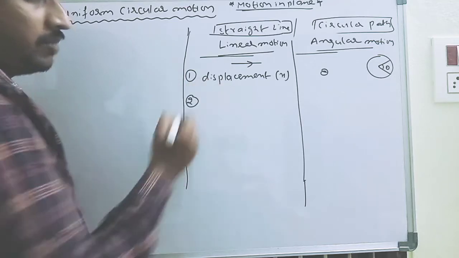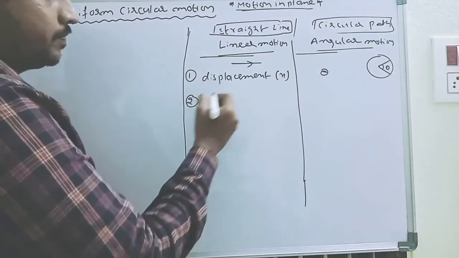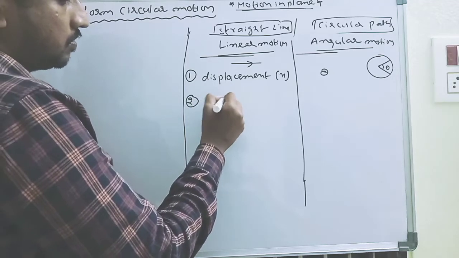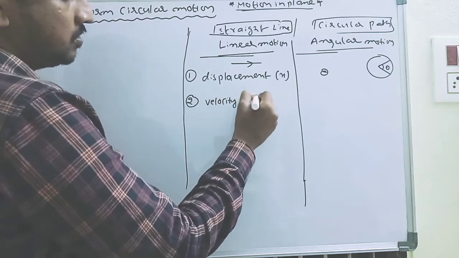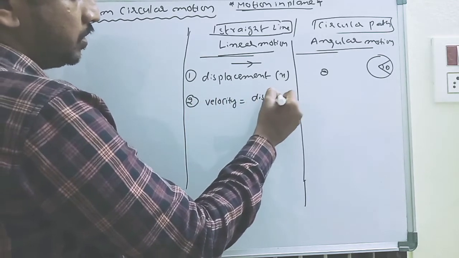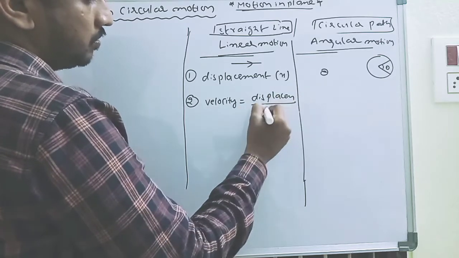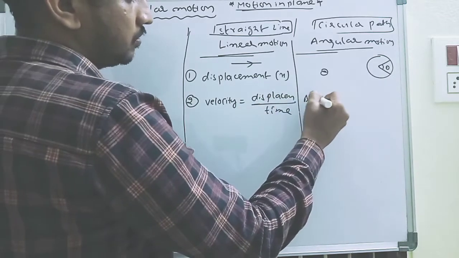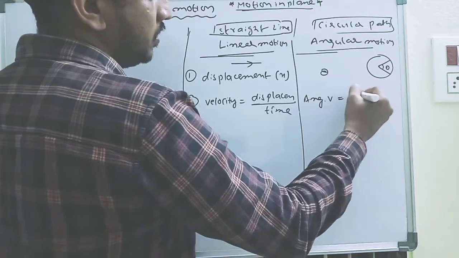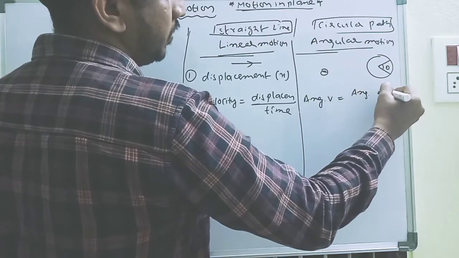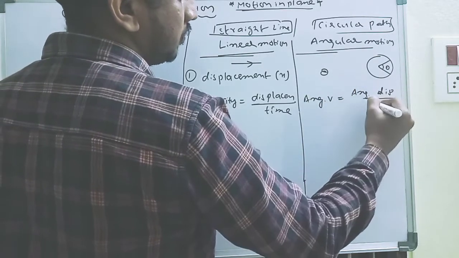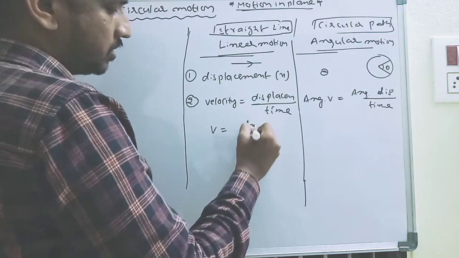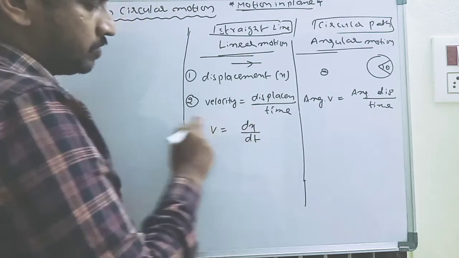After displacement comes displacement by time, that is velocity. Velocity is equal to displacement by time. Here v is equal to dx by dt, change in displacement by time.